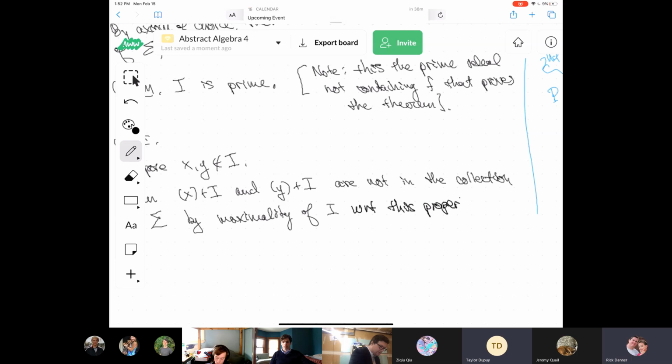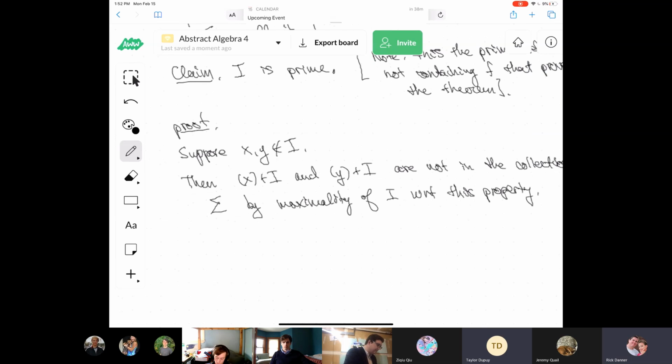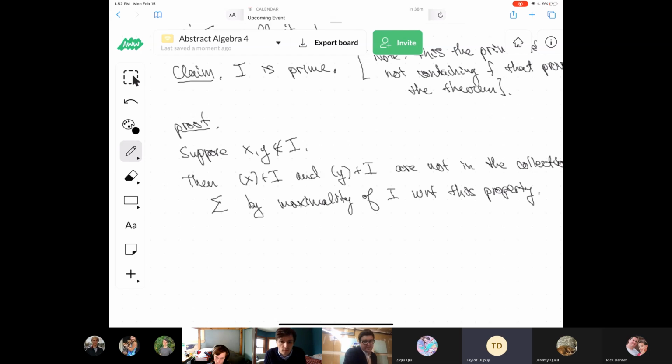When you add ideals, they always get bigger or stay the same, depending on what you're adding by.